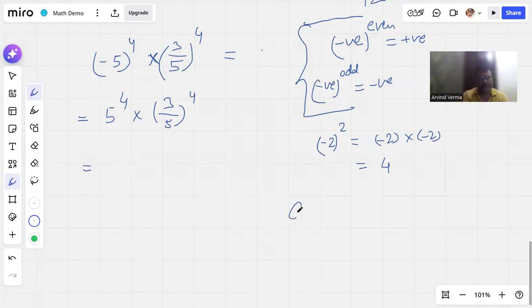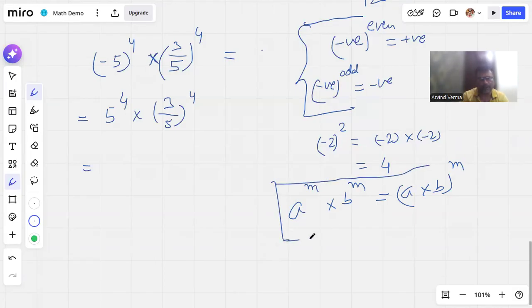Now, a raised to the power m into b raised to the power m can be written as (a into b) raised to the power m, where a and b are rational numbers. This is our law of exponents. Here a is 5 and b is 3 upon 5, so we can directly multiply 5 into 3 upon 5 and raise it to the power 4.